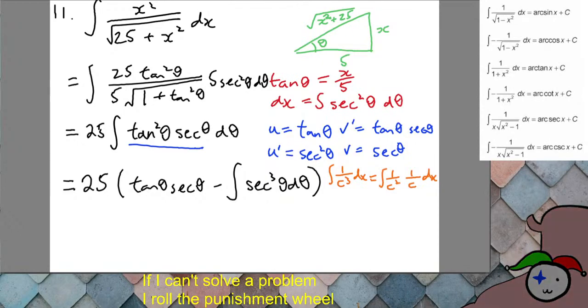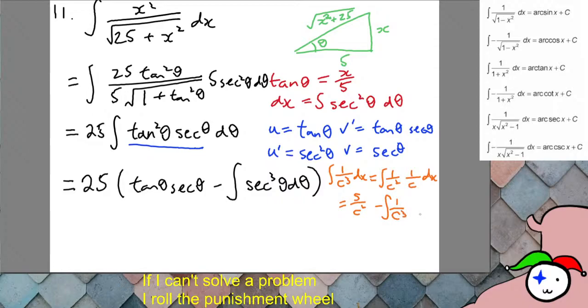Anyway, long story short, you would end up with, I'll write sine as s, sine over cos squared minus, I know this is kind of cheating, but honestly I'm thinking there must be a better way to do this, but if there isn't, then I've done the punishment.